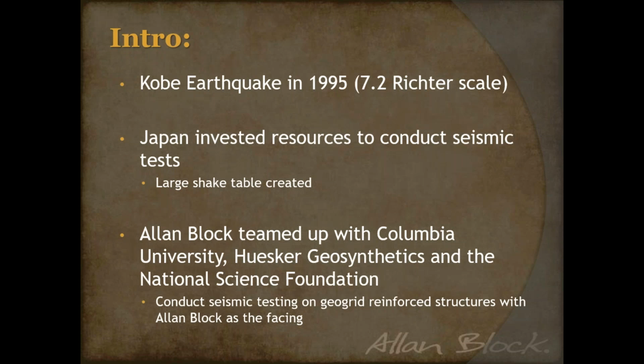This table's monstrous, and they were able to test building components like columns and joists to see how the connections react in a dynamic environment. They got through a lot of their testing and opened it up for the rest of us to maybe take advantage of.